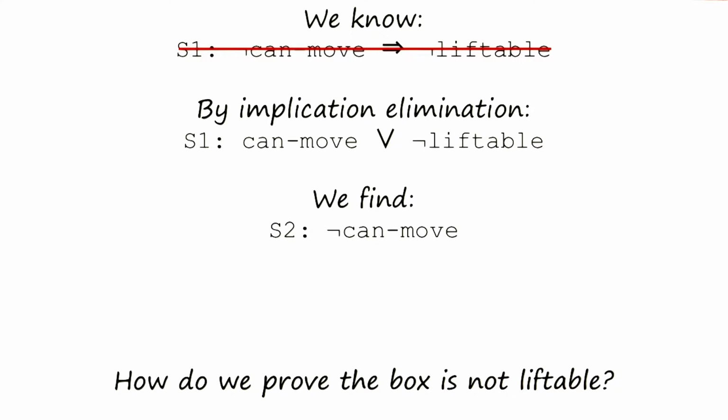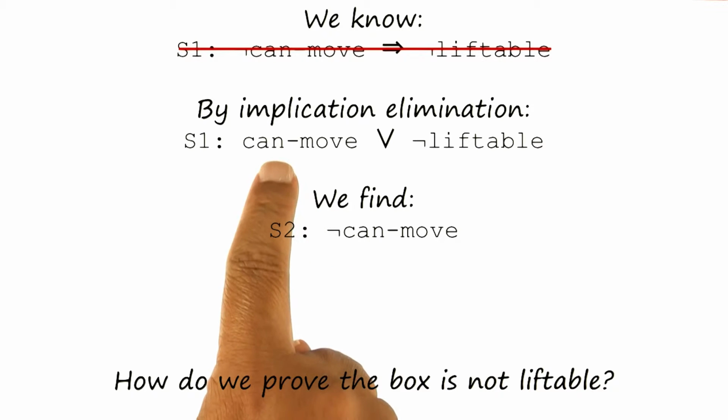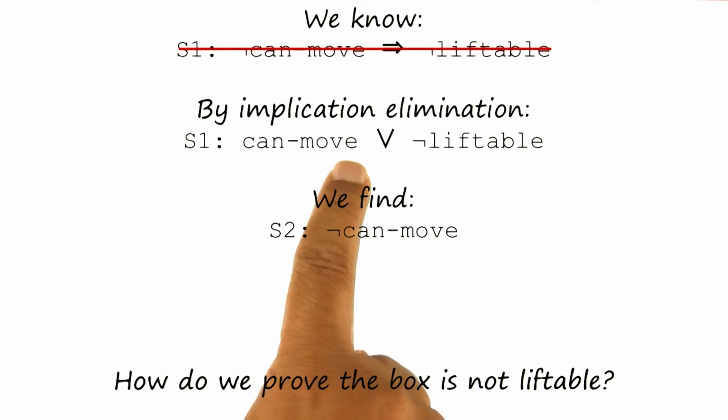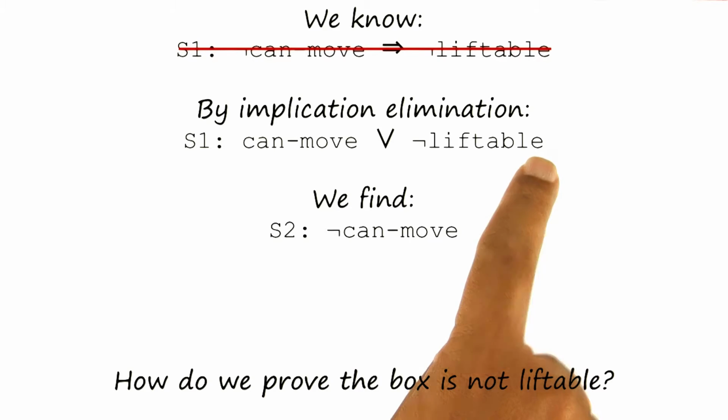The first step in resolution theorem proving is to convert every sentence into conjunctive normal form. A conjunctive normal form of a sentence can have one of three conditions. It can be a literal, either a positive atom or a negative atom. It can be a disjunction of literals, like here, can move or not liftable.